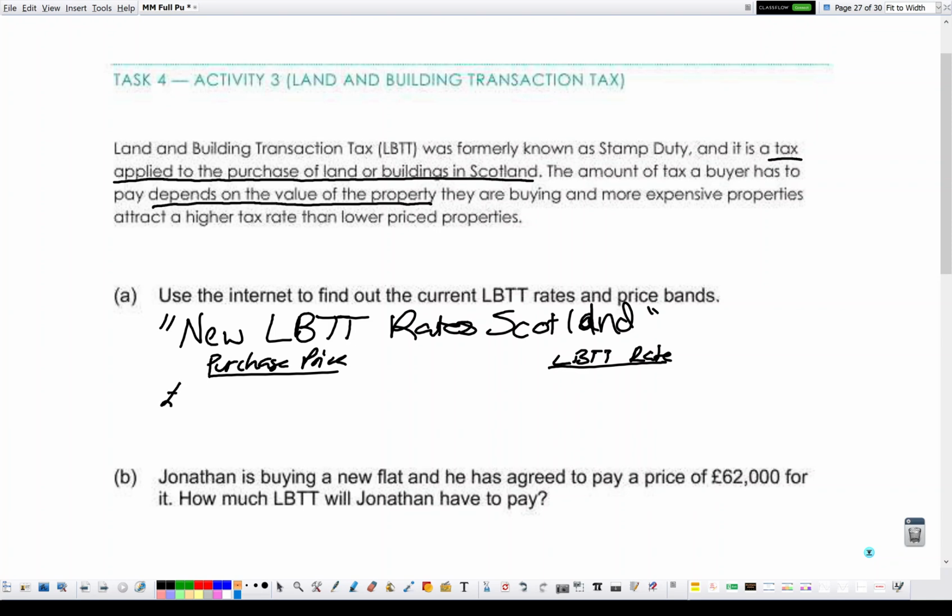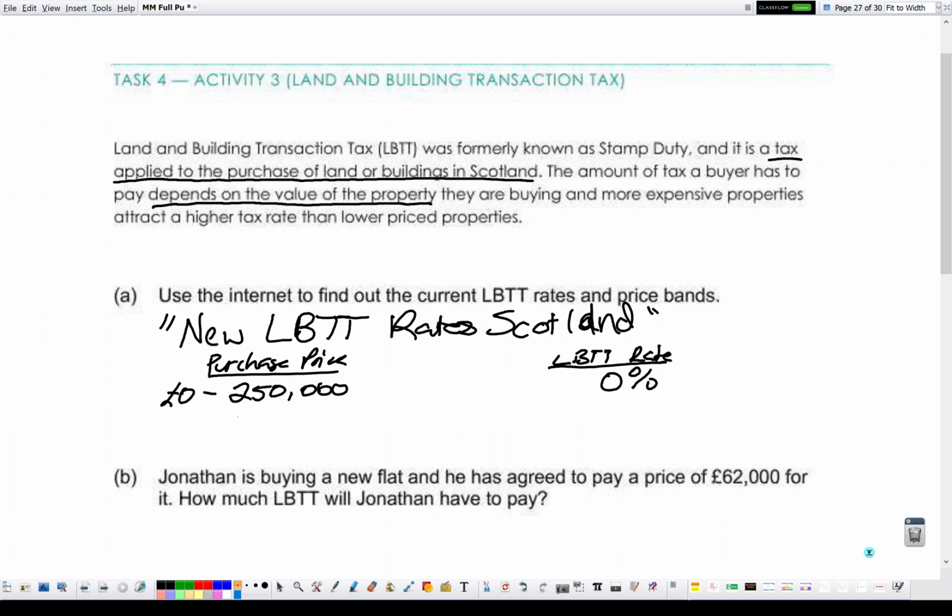So it's actually, as you can see, £0 to £250,000 that you do not pay any of this tax on. So basically you could buy a property, anything up to the value of £250,000, and you don't have to pay any tax on that purchase. So that is saving a lot of people money, because this is where the majority of properties fall, in this price range. So that is going to help a lot of people.